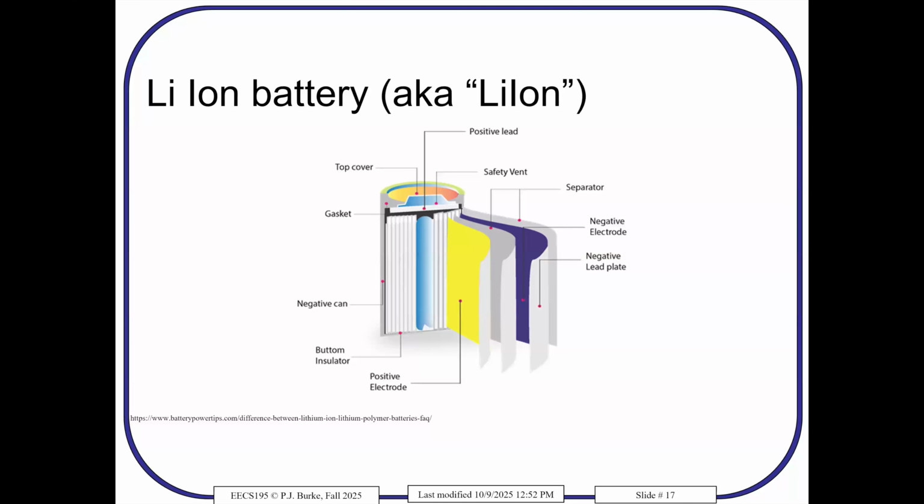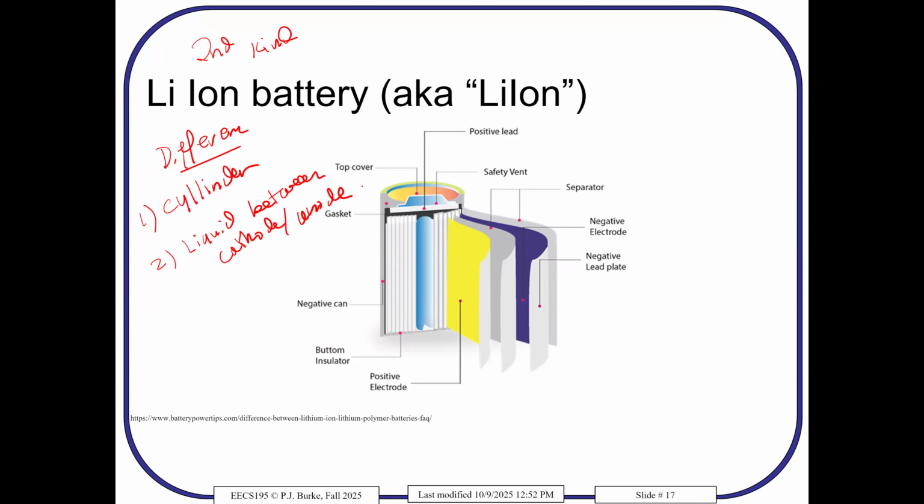There's a second kind called lithium-ion battery. Now, I didn't invent the nomenclature, but the difference is mainly it's a cylinder, not rectilinear, and there's no polymer. It's actually a liquid between the cathode and the anode.